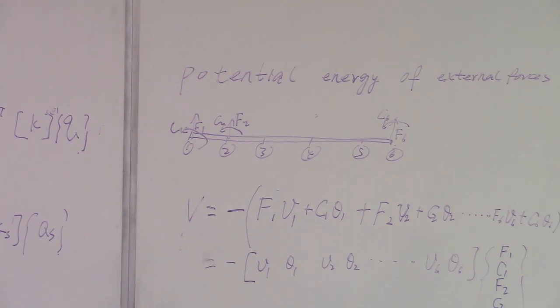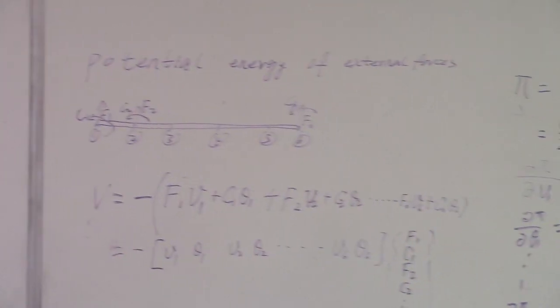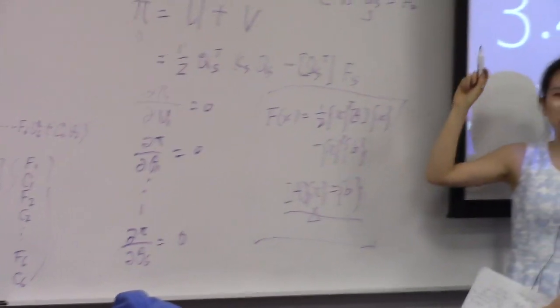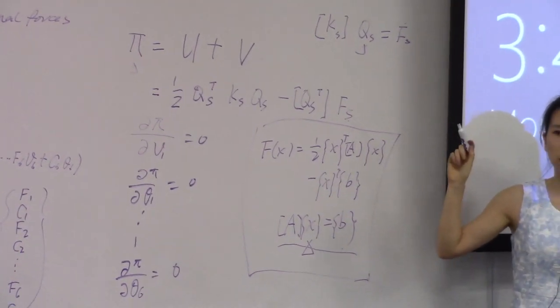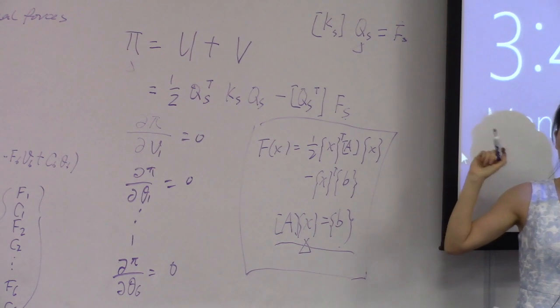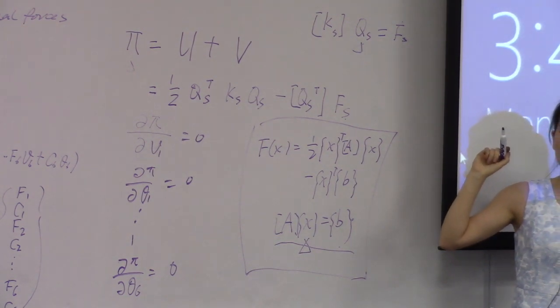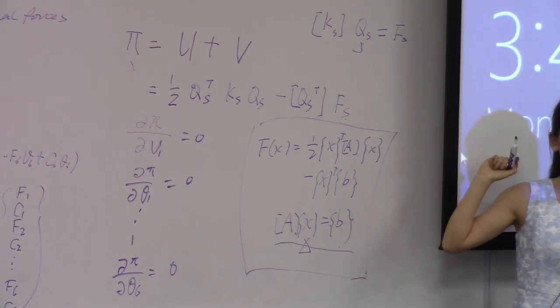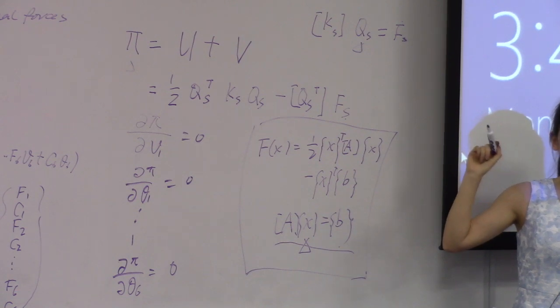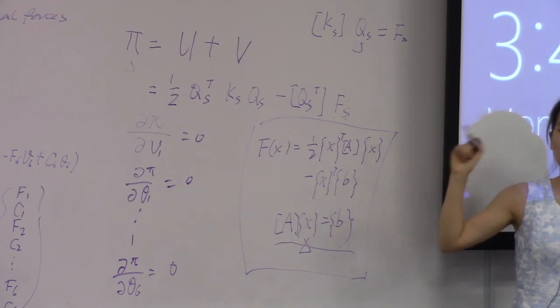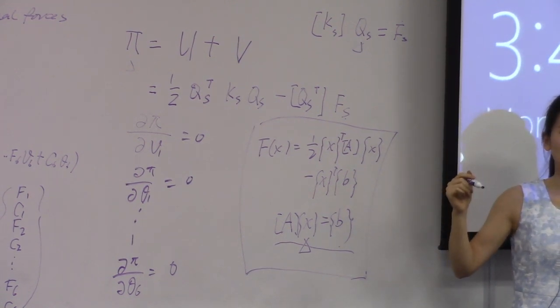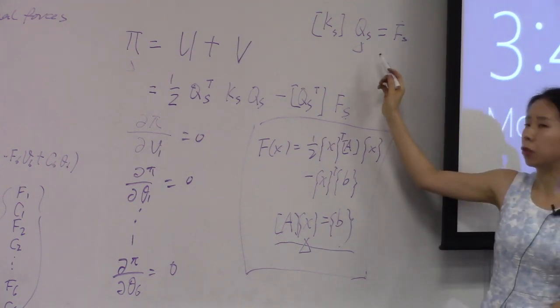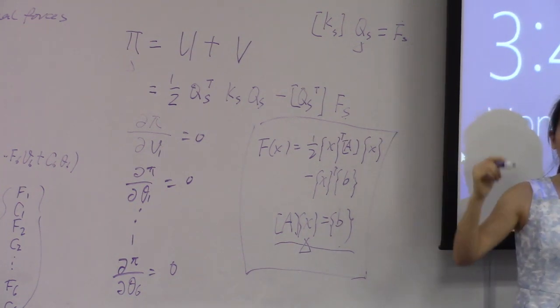But one problem here is that I just said K_S is the structural stiffness matrix. So what's the problem of the structural stiffness matrix? Same thing as in your truss problem. It is singular, right? Before we apply the boundary condition, the structural stiffness matrix should be singular.